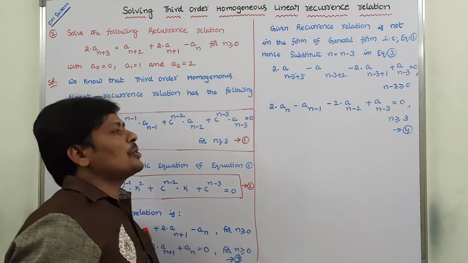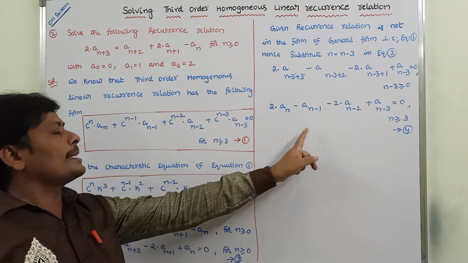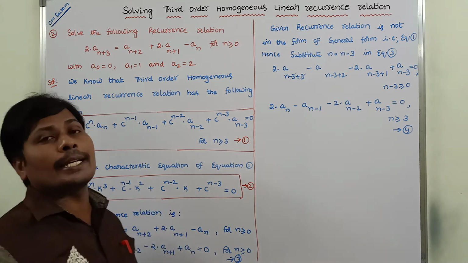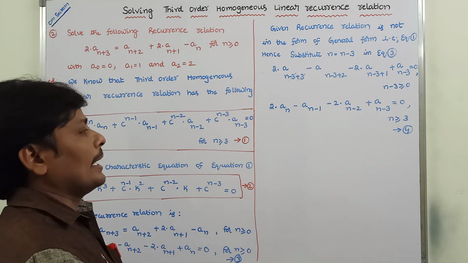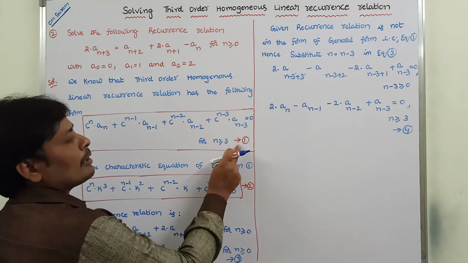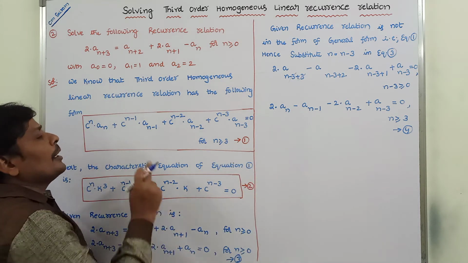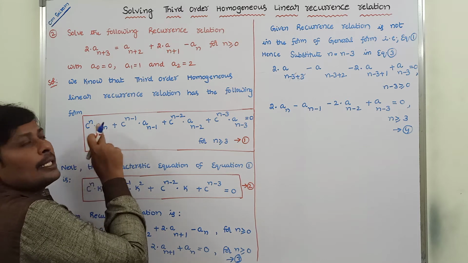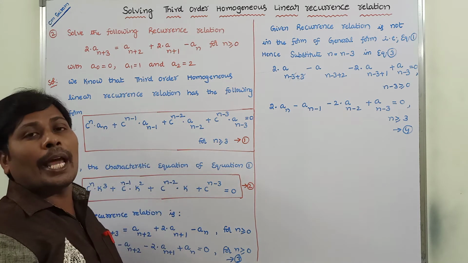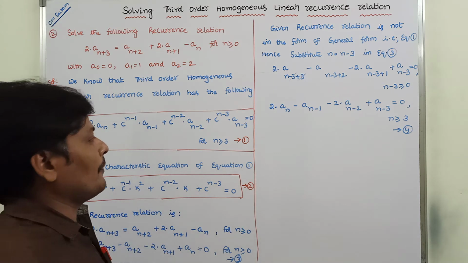Okay, now observe the equation 4. This is in the general form of homogeneous linear recurrence relation. Okay, so now compare equation 1 and equation 4 for getting c power n, c power n minus 1, c power n minus 2 and c power n minus 3 constant coefficients.